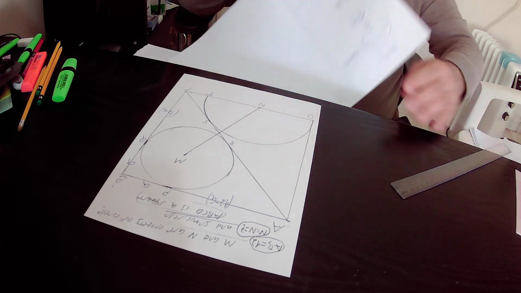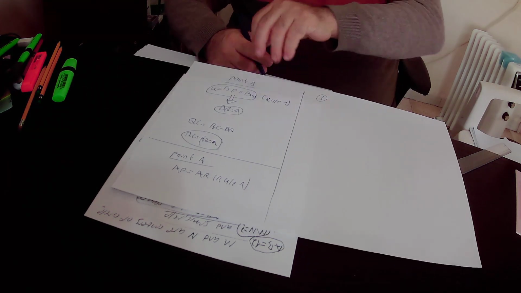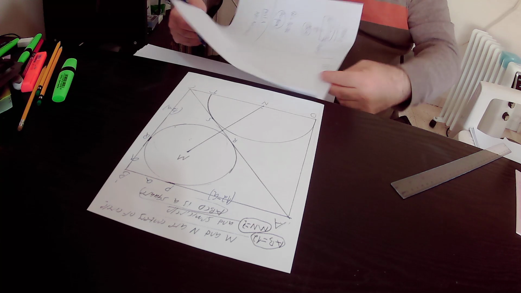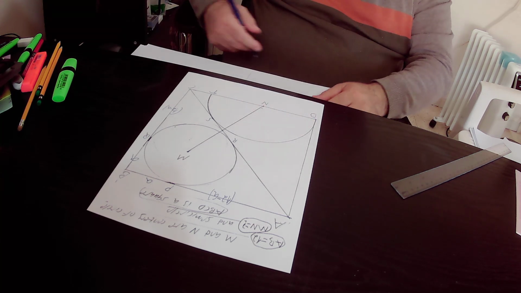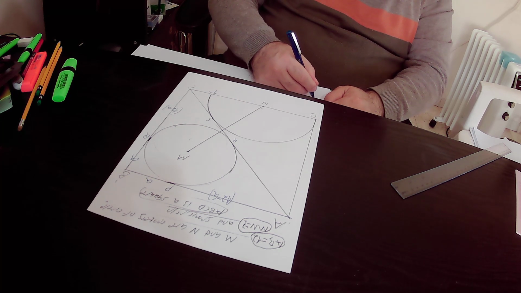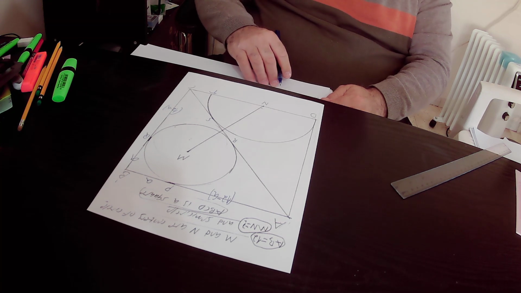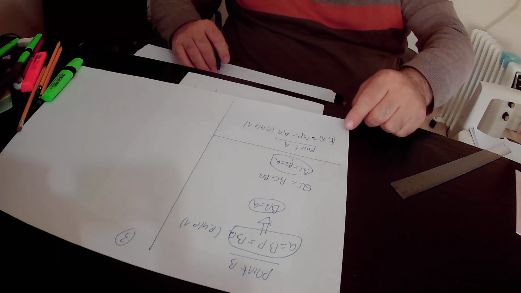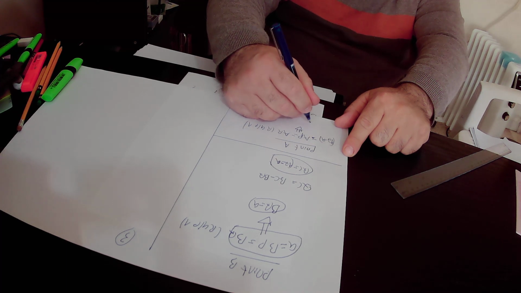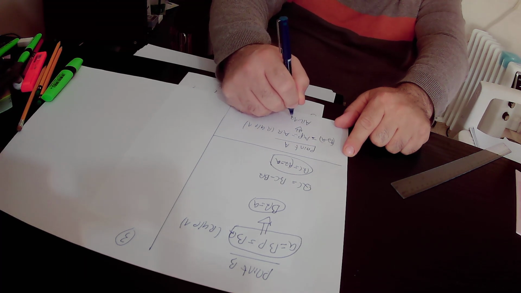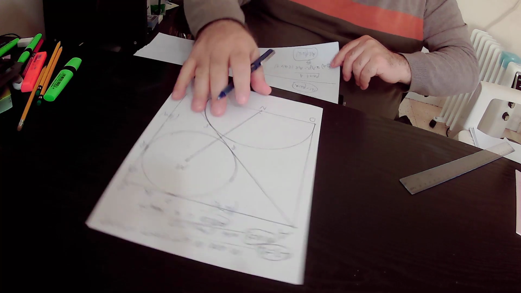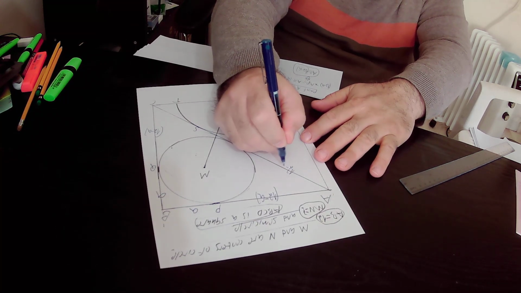That is to say, AP is equal to AR. But according to what we have already found out, AP equals 12 minus A. So from this equation, 12 minus A equals AP equals AR, we will derive that AR is also equal to 12 minus A. We can write here that AR equals 12 minus A.